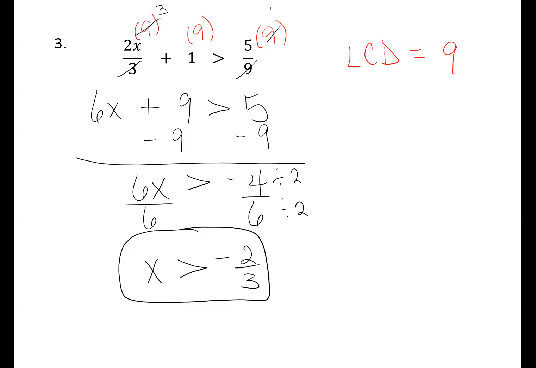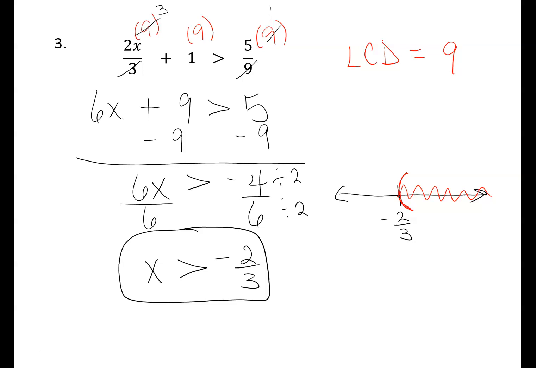Let's graph that on a number line. When it's a fraction, that's okay. You just write that fraction below your tick mark, negative 2/3. Greater than means we're going to shade to the right. There is no equal to bar, so we're not including the negative 2/3. We're going to show that with parentheses towards the shading.